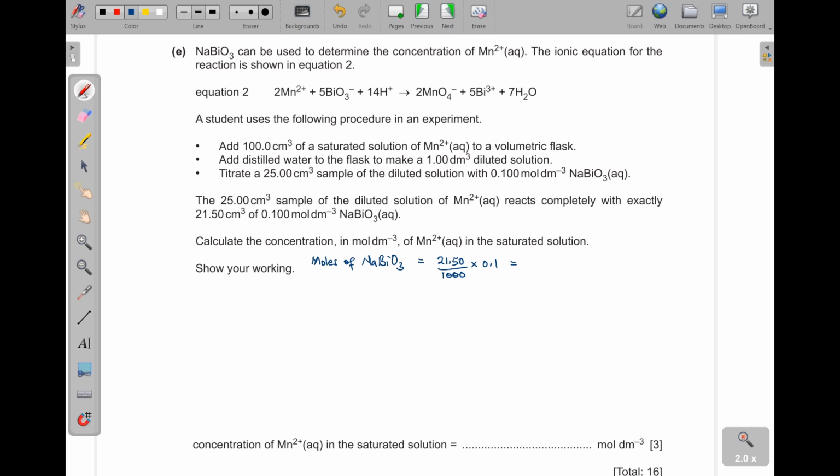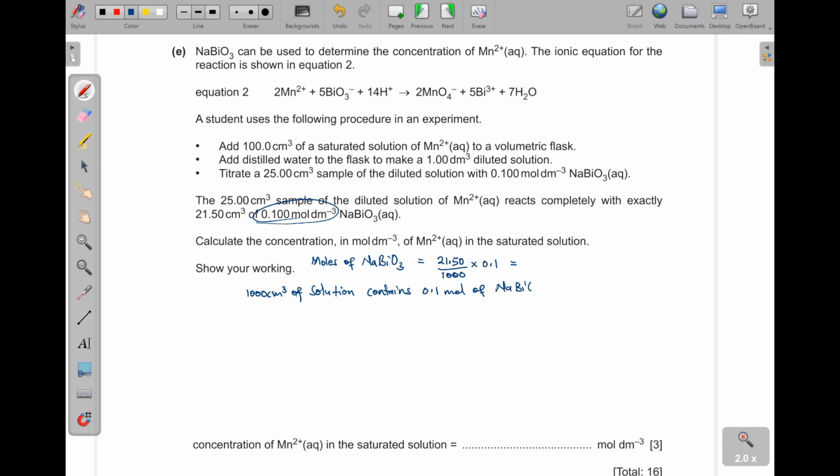You just begin with this statement here. This one alone means that 1,000 cubic centimeters of solution contains 0.1 moles of sodium bismuthate.